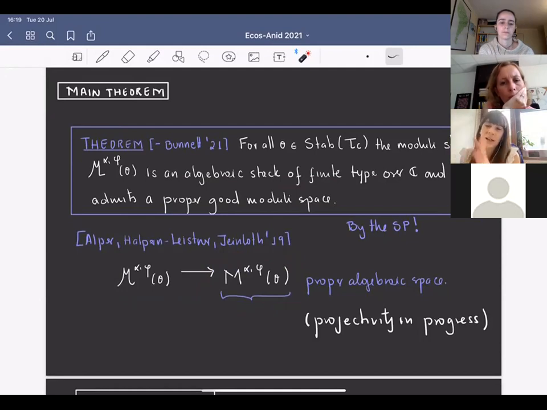There are already examples, for example, the moduli space of curves, doing everything via stacks and good moduli, and proving that they are projective without passing via GIT. So this is also going to happen in our case.